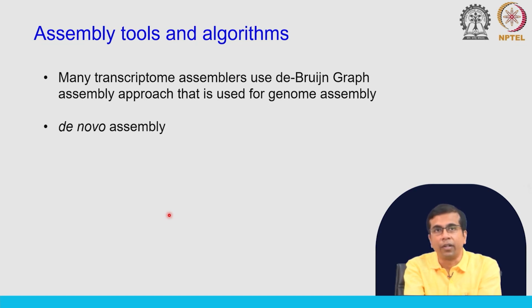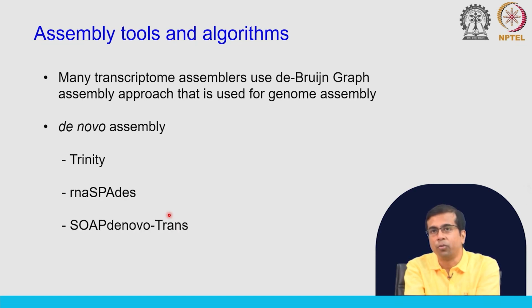This is for de novo assembly, and here are some tools that are available. Of course, there are many other tools available as well. One is Trinity, which is a very popular one, then you have rnaSPAdes, then you have SOAPdenovo-Trans. Again, I am just mentioning some of them; there are other tools out there.